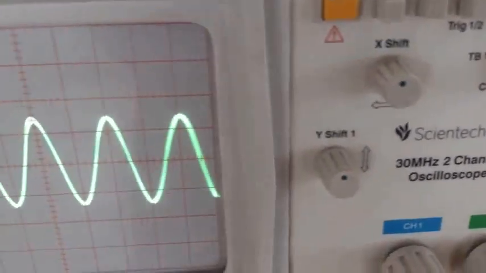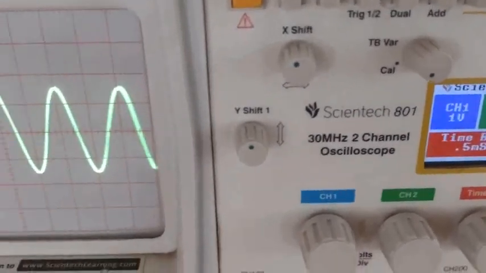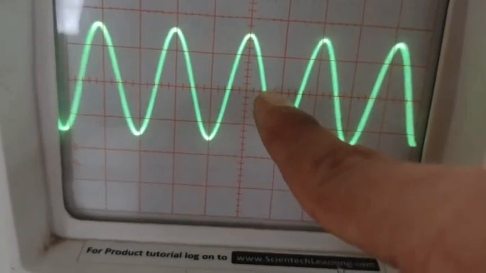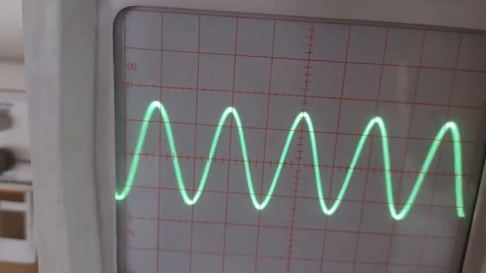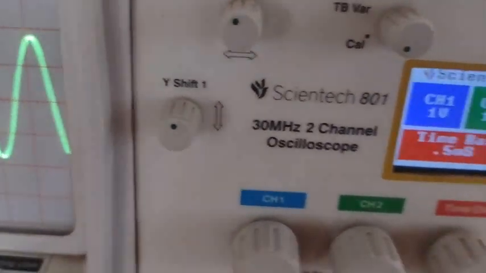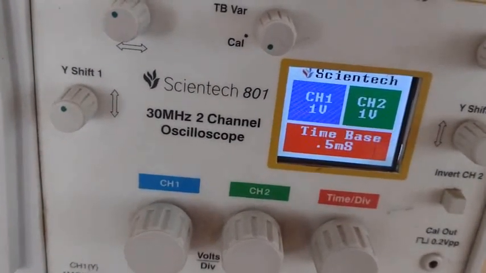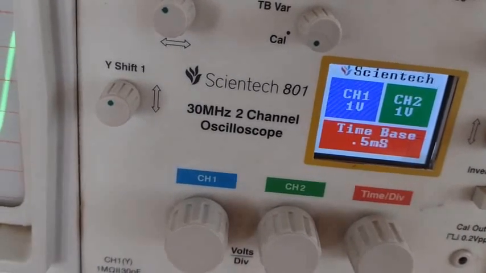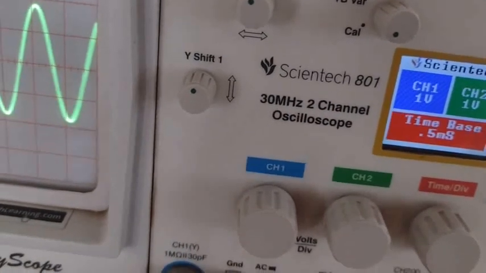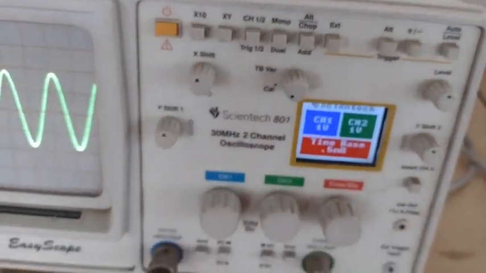Hence the peak value is 8 into 1, so the peak value is 8 volt. And here one complete cycle takes 11 horizontal divisions and the reading on time base is 0.5 millisecond. Hence the time period is 11 into 0.5 millisecond, so the time period is 5.5 millisecond.